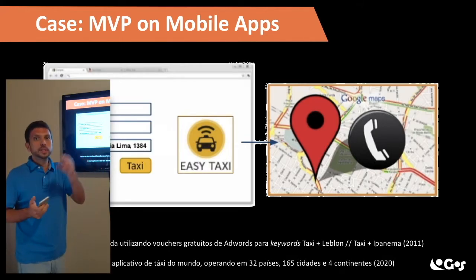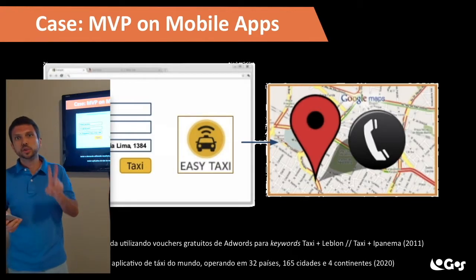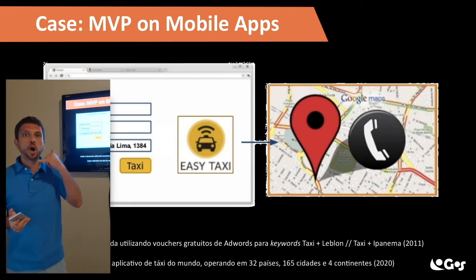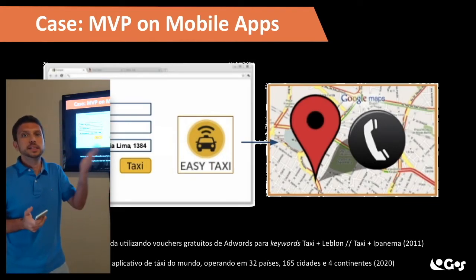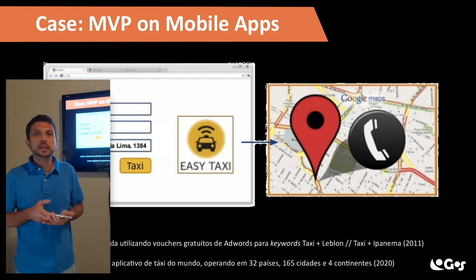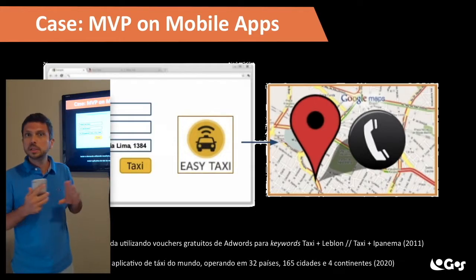The form sent the information to the back office, which at that time was only the 2 founders. They really called the cabs and sent the cabs there. And then they sent an SMS to the customer. Just that.